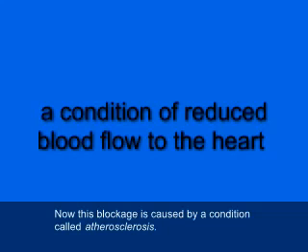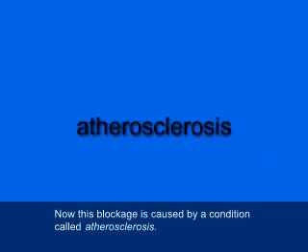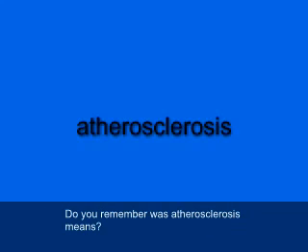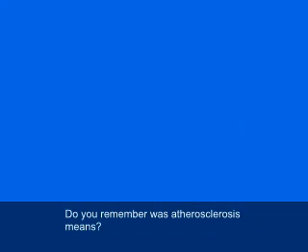Now, this blockage is caused by a condition called atherosclerosis. And we talked about that term way back in Chapter 1 with the look-alike, sound-alike terms. Do you remember what atherosclerosis means?